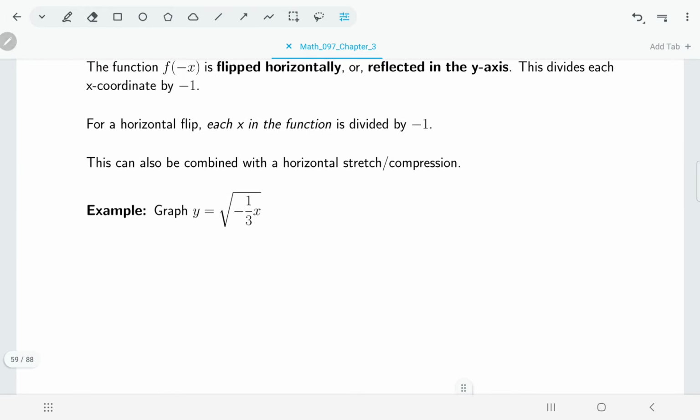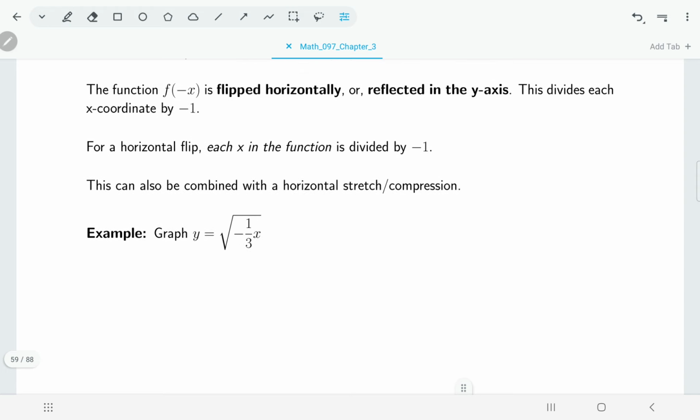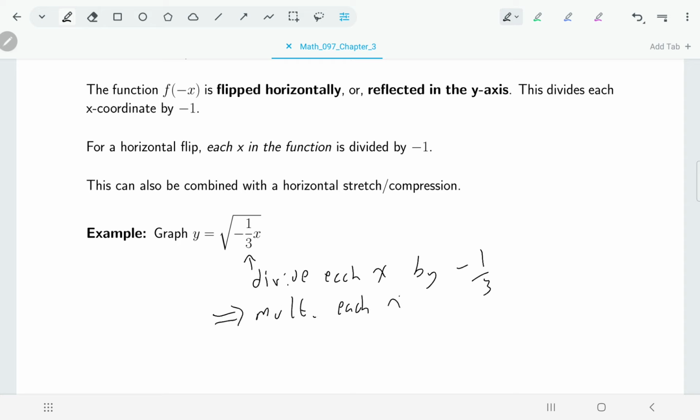So when we see something like y equals square root of -1/3 x, what we're going to be doing is dividing each x by -1/3. And if you divide each x by -1/3, that's the same thing as multiplying each x by -3.